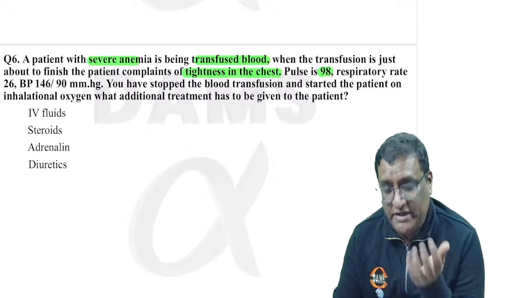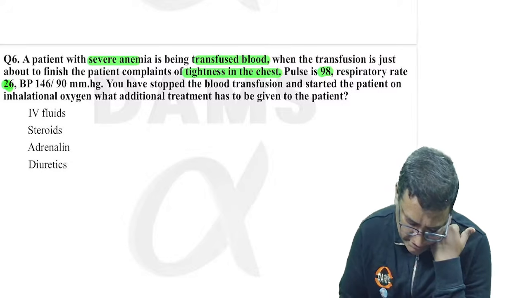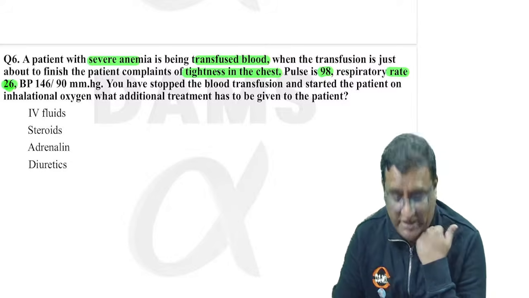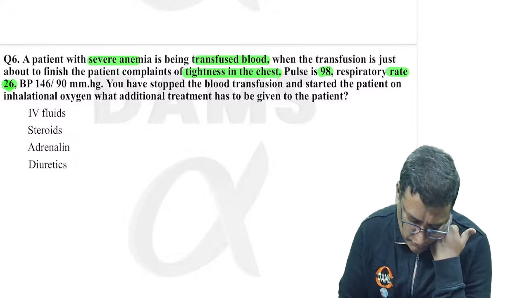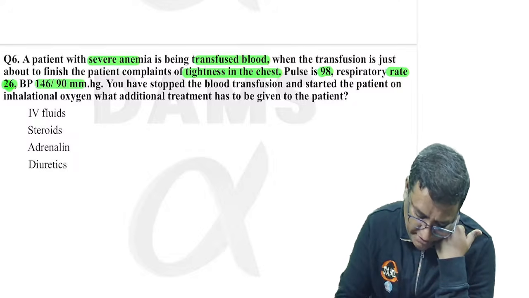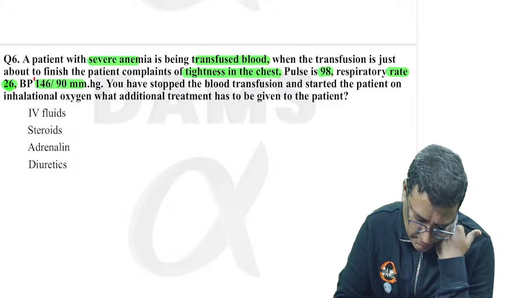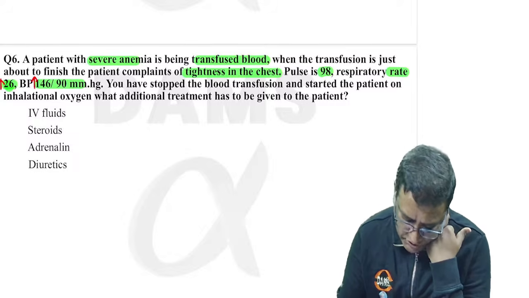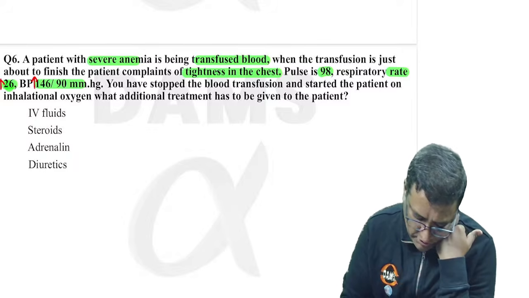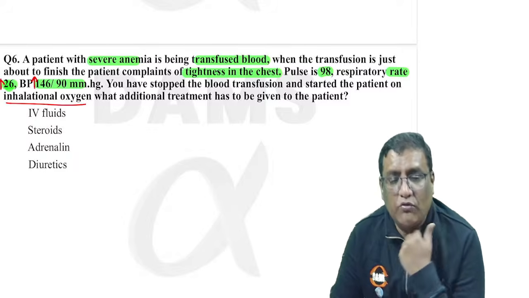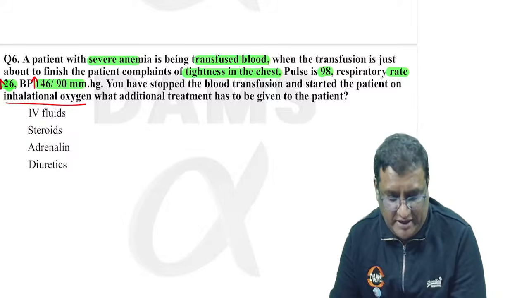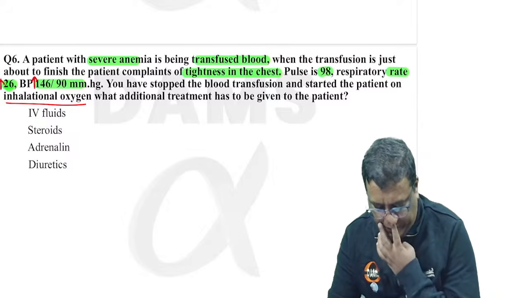Assuming it was normal, then it is elevated. Respiratory rate 26 is definitely elevated. BP is 140/90. BP is also increased. You stop the blood transfusion, start the patient on inhalational oxygen. What additional treatment has to be given to the patient?